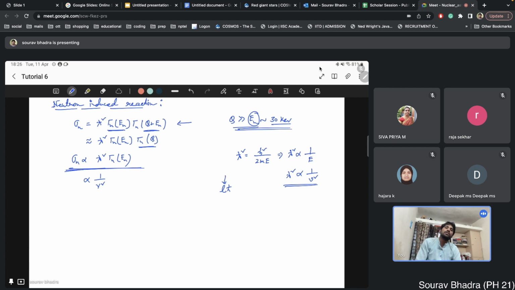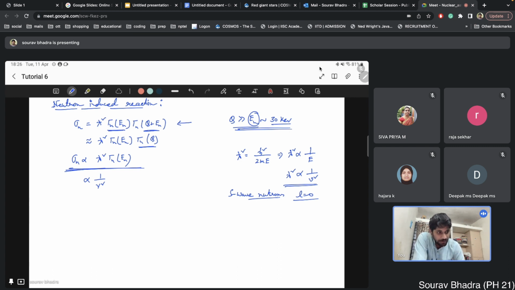Depending on the L values, the reaction cross section will be different. If L is 0, the projectile will see a different type of cross section. If L is 1, the cross section will change, because I showed that in a picture in the last class. Sarah has also shown that. So for the simplest case, we are considering S wave neutrons. That means L equals 0, which is the simplest understanding.